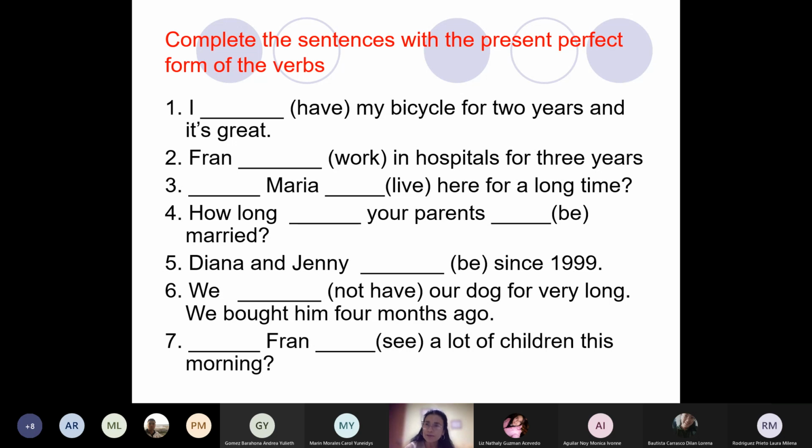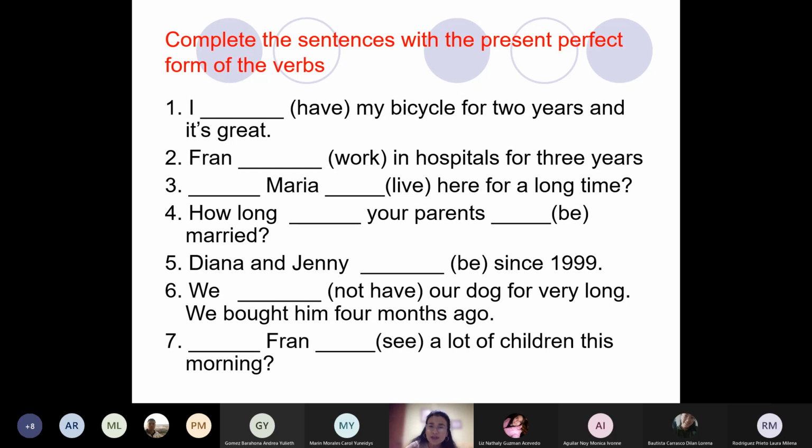I have, el primer have es el auxiliar del perfecto. El segundo had es el participio pasado. Coinciden. El mismo del pasado es el participio pasado. Para decir, yo he tenido mi bicicleta. I have had my bicycle for 2 years.